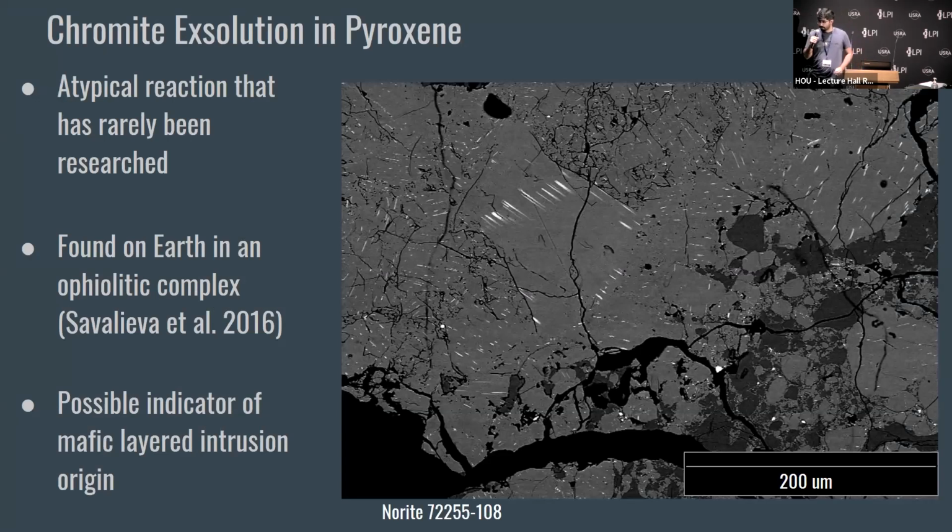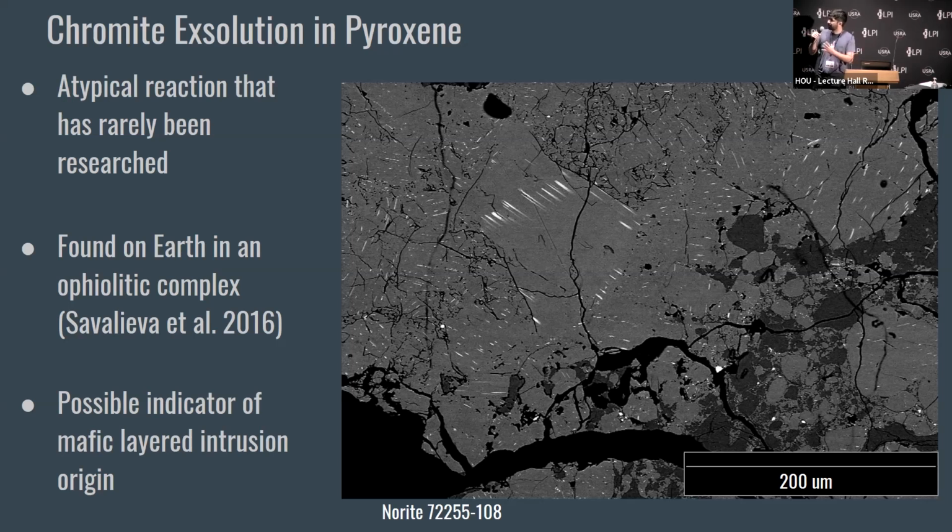I've also found some very cool things that I want to show, especially this exsolution texture in orthopyroxene in sample 72255. It's actually chromite exsolving out of the orthopyroxene, and it's everywhere. And I find it amazing. It really helps here to see that this is not one giant orthopyroxene. It's just multiple orthopyroxenes that have been annealed together.